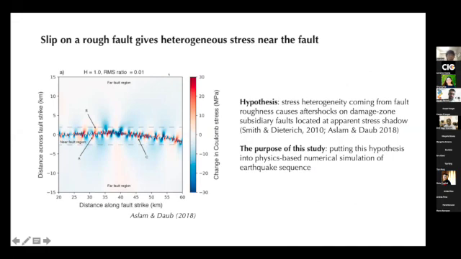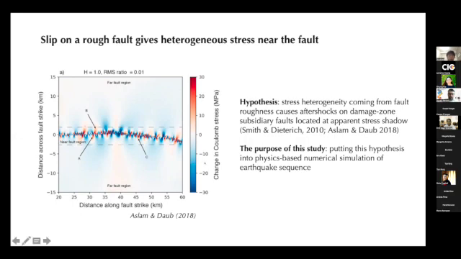And if you consider the effect of natural fault roughness and complex geometry, you can reach the conclusion that slip on a fault gives heterogeneous stress near the fault, like this plot. So if there's a slip on this fault, many places are actually stress shadows, but some places are not.